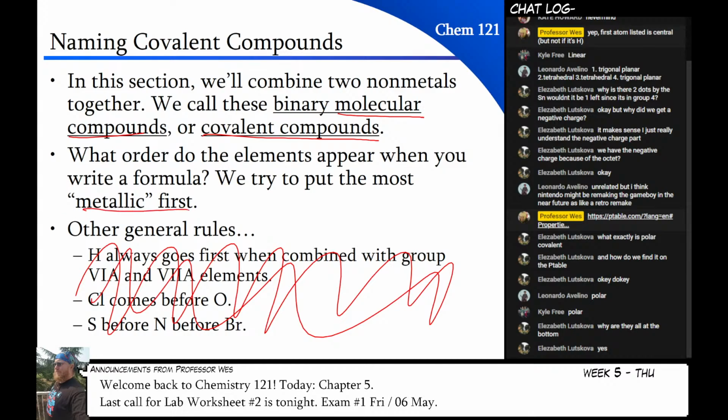The one that is the most metallic is going to be, generally speaking, the one with the lowest electronegativity. So if you're looking at a formula and wondering what element to type first, type the one with the lowest electronegativity and you'll be safe.